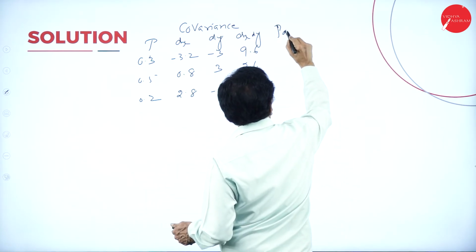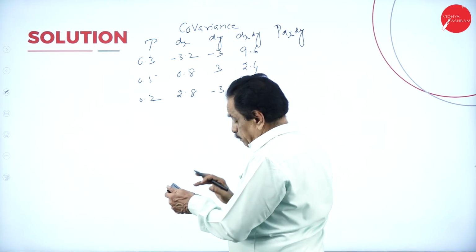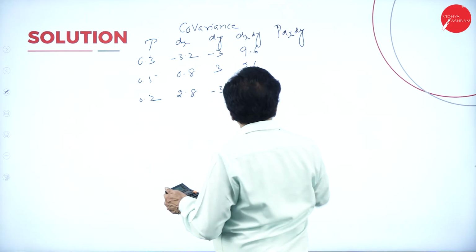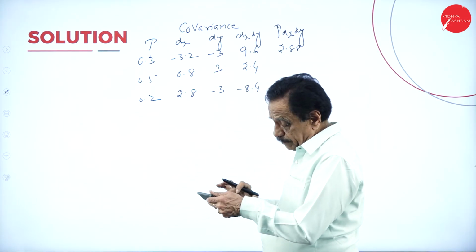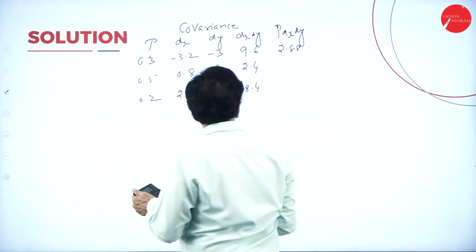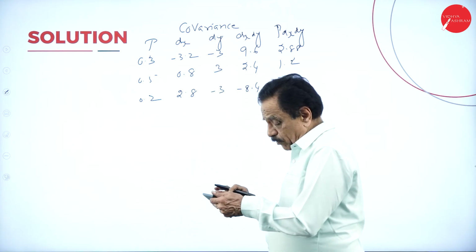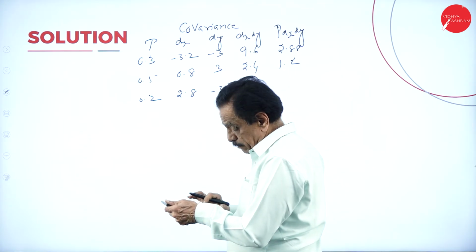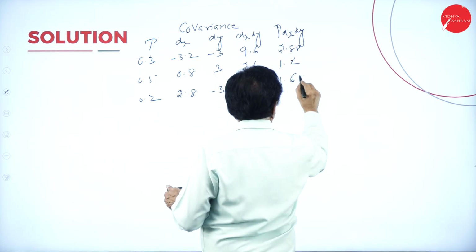Then p into dx dy. Multiply 9.6 into 0.3 is 2.88, 2.4 into 0.5 is 1.2, minus 8.4 into 0.2 is minus 1.68.